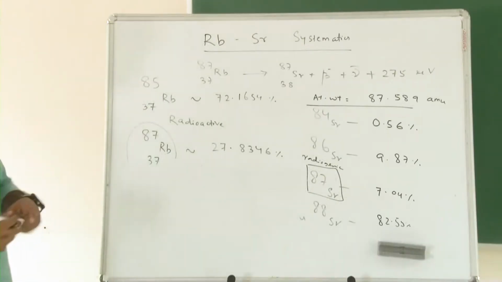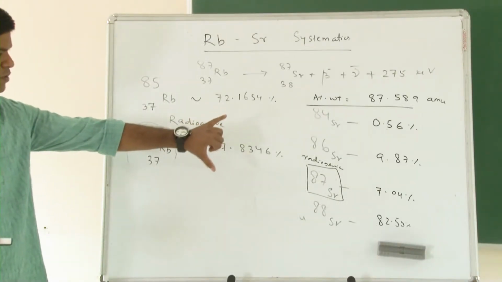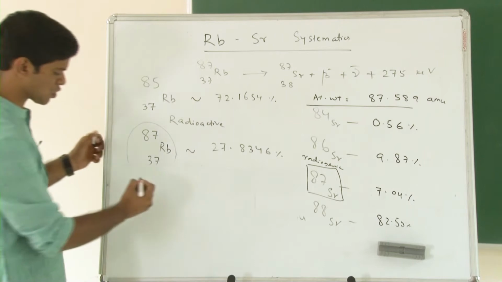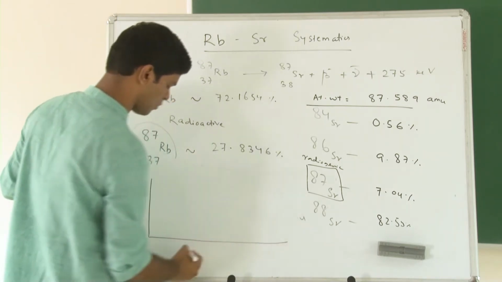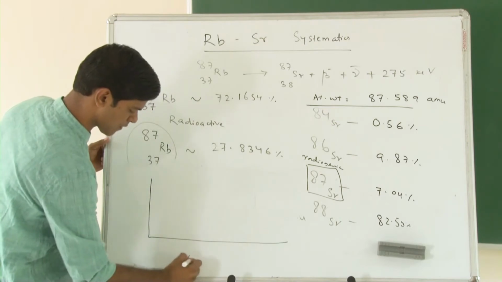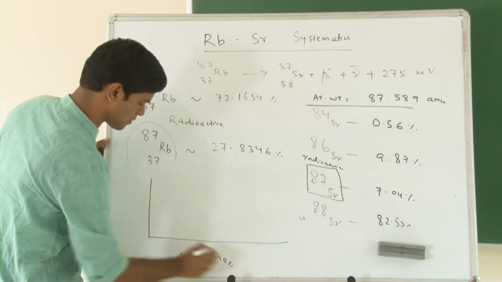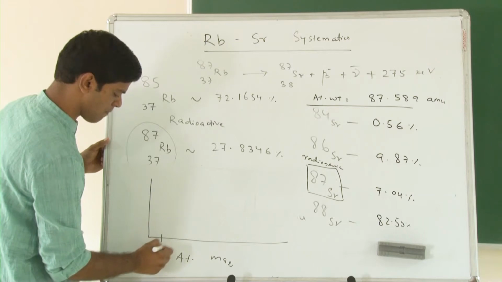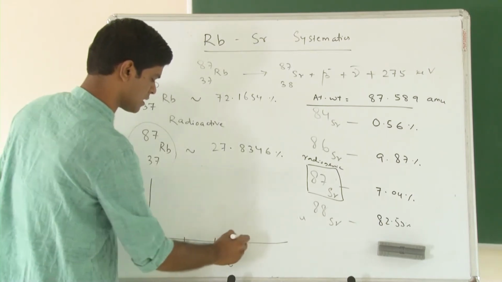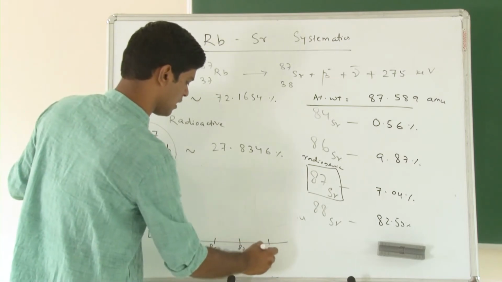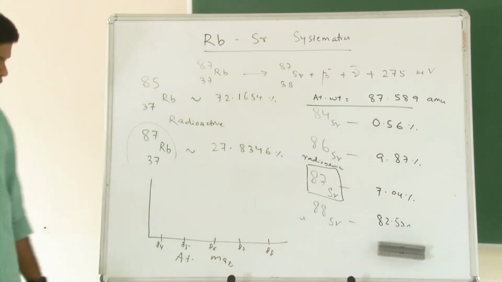If we want to visualize the spectrograph for rubidium and strontium together, the spectrograph should have the atomic mass, the spectrographs we generally get from a mass spectrometer. So, let us say 84, 85, 86, 87 and 88, these 5 isotopes we are focusing on.